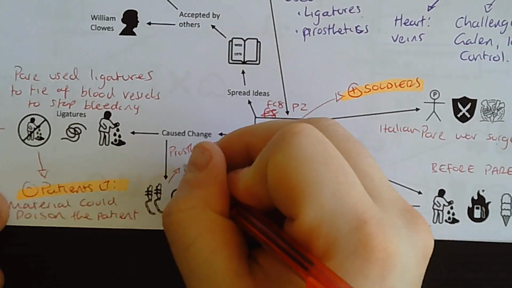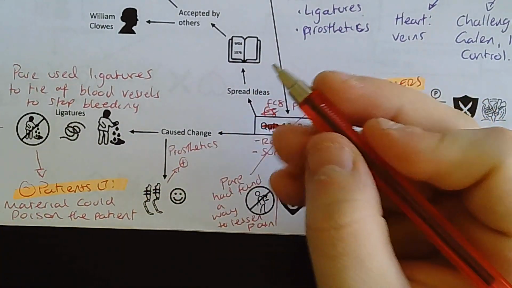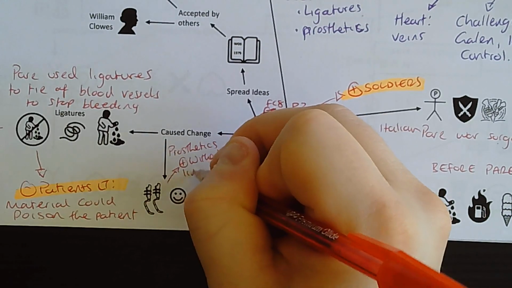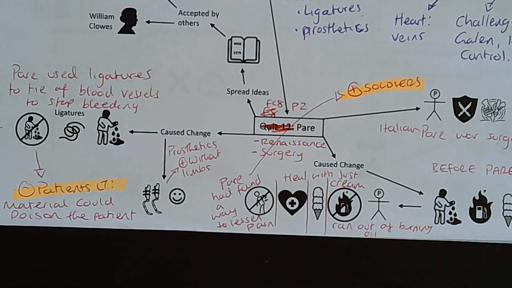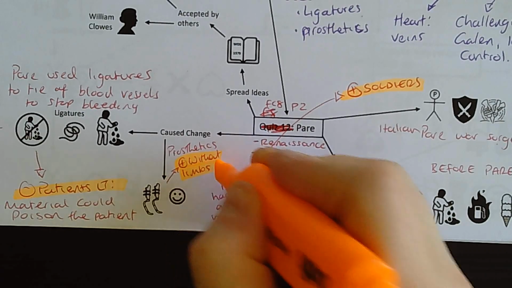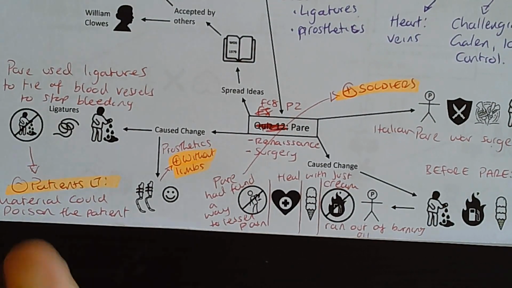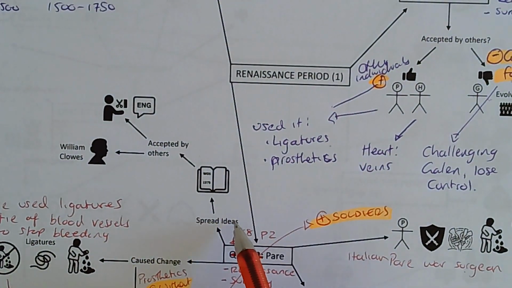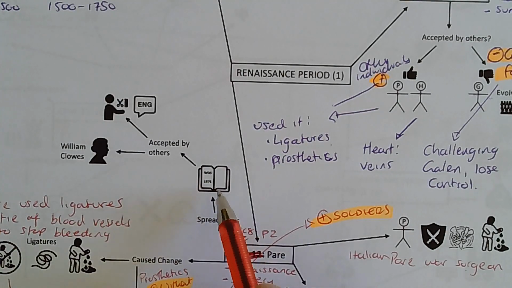So he created prosthetics, obviously really positive for people who had lost limbs for whatever reason through amputation. They were able to probably walk around more, they were able to do more things, so it's a very general positive there.